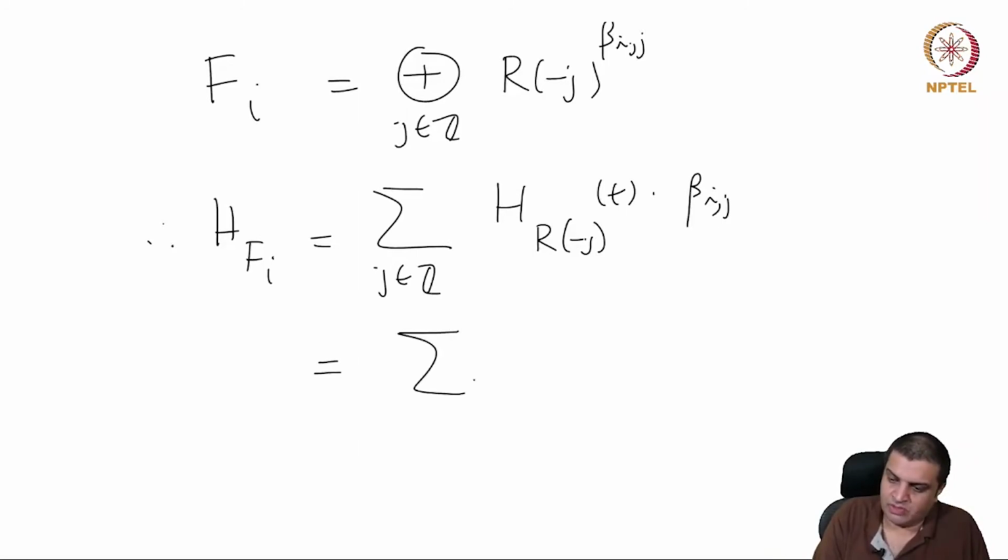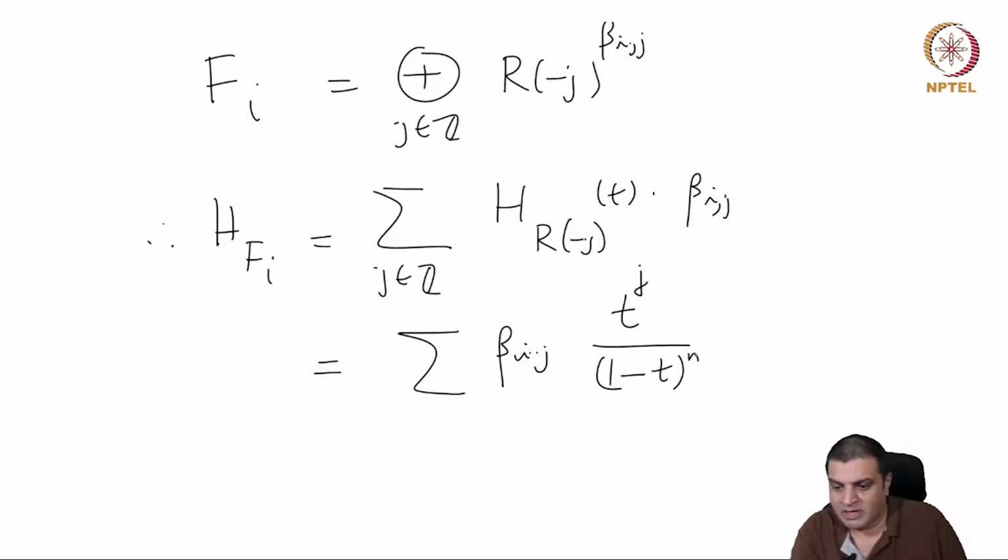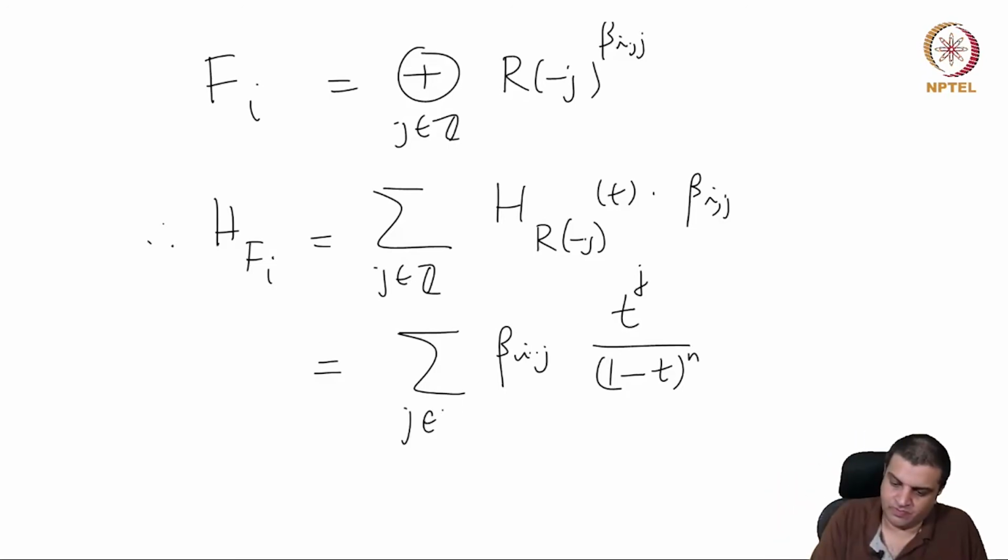Let me rewrite it like this: beta_ij times, the generator here is in degree j, and the rest of it looks like the polynomial ring. So it's going to be t^j divided by (1 - t)^n. Remember, for the polynomial ring in n variables, the Hilbert series looks like 1 over (1 - t)^n. So we write j in Z, but only finitely many will show up.